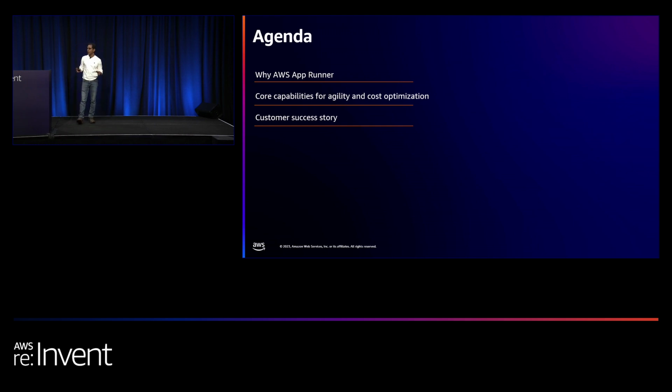And the best way to drive all these points home is to look into a customer success story. So we'll see a real-world use case, how one of our successful customers used App Runner to build and run their applications on the service. So let's get started and dive into this.